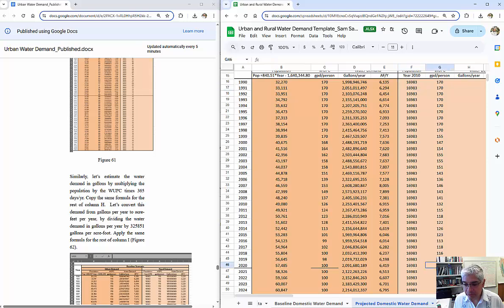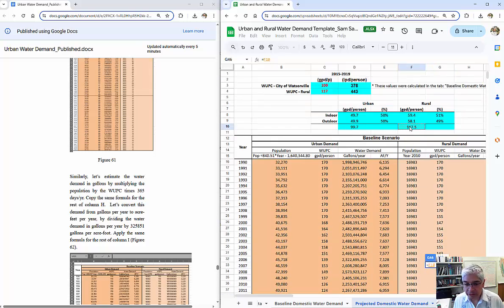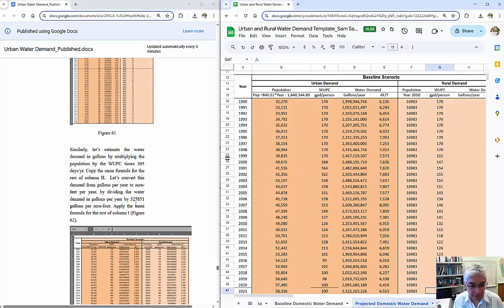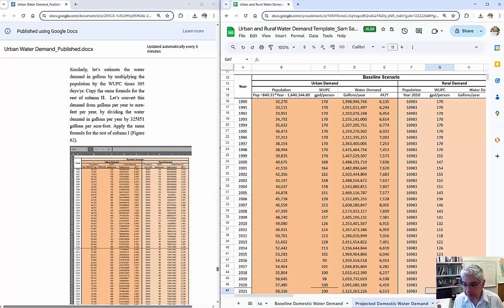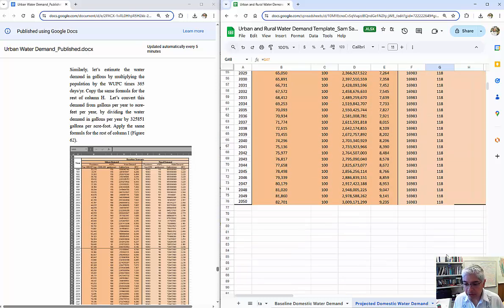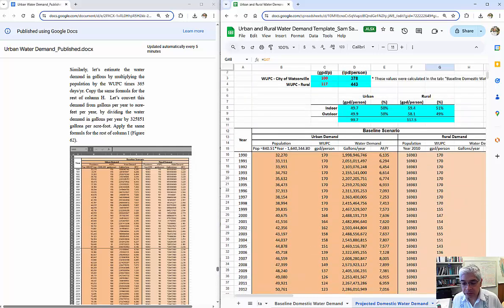And we're gonna also consider that here in 2020 it will be this 117, that will be our water use per capita, and that we're gonna conserve that water use per capita until 2050. And remember that this is for planning purposes.